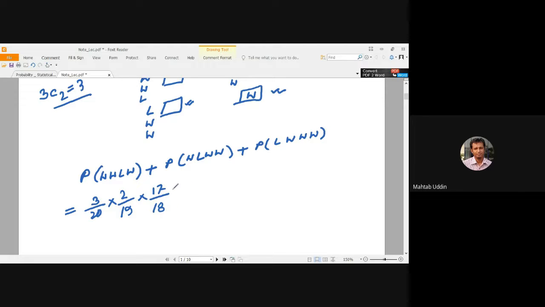Then 1 lost ball out of 17. You understand? Similarly, 3 by 20 into 17 by 19 into 2 by 18 into 1 by 17.